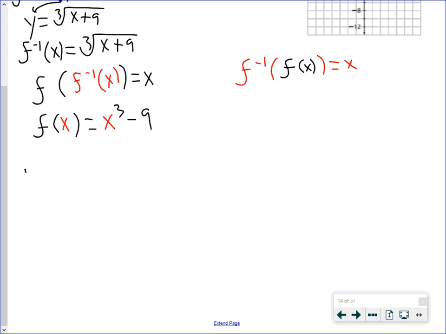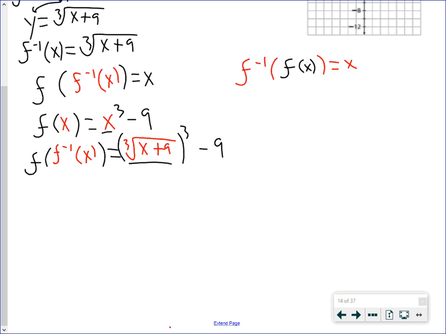And now we want f inverse of x. So that's going to give us the inverse function, which we found out to be the cube root of x plus 9. We want all of this cubed minus 9. So we replace the x's with what's inside the parentheses, which is the inverse of x.